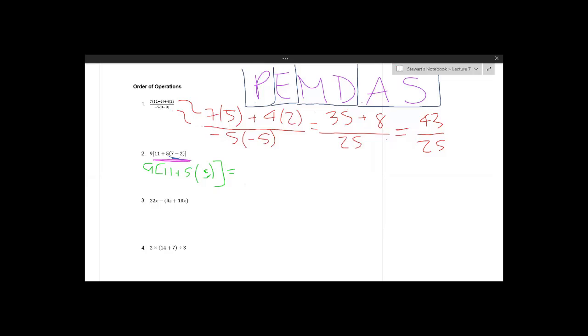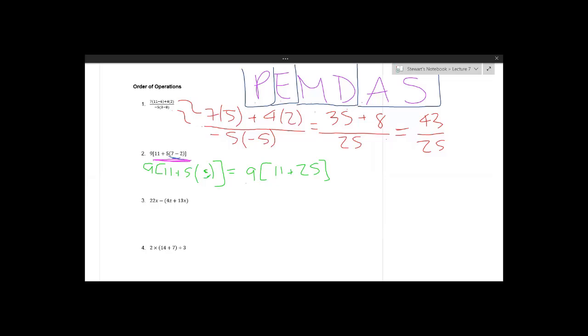Well, multiplication comes before addition. So we have 9, open bracket, 11 plus 5 times 5 is 25. You can't bring the 9 in yet, because 9 is multiplication next to parentheses. Parentheses still come first, and that's what we're doing.